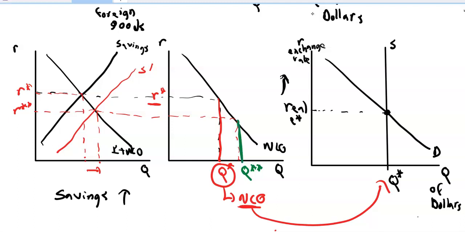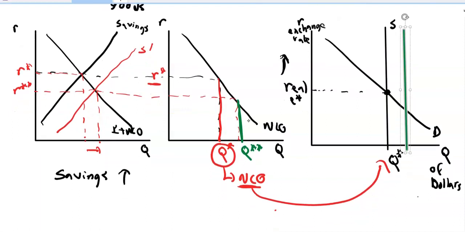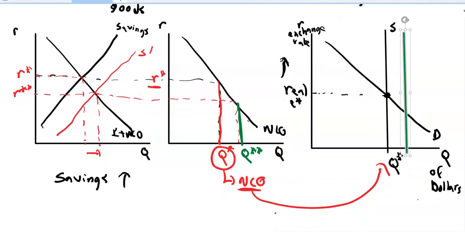As a result of that, since NCO increased, we see that this is the amount available in the exchange market. So there are more dollars available in the exchange market. The reason is, if interest rates are declining, fewer foreigners will want to buy US assets, and maybe more Americans will want to buy foreign assets.